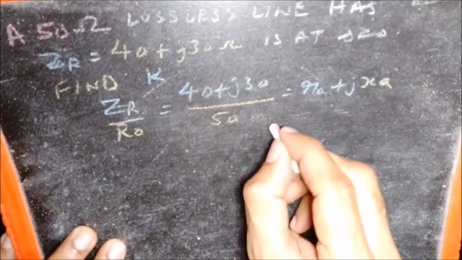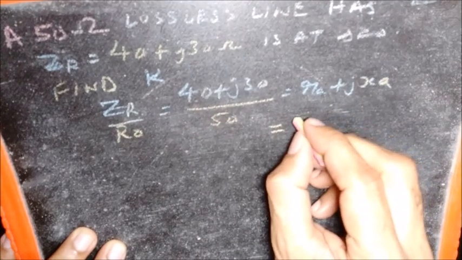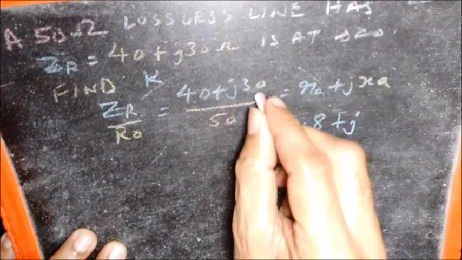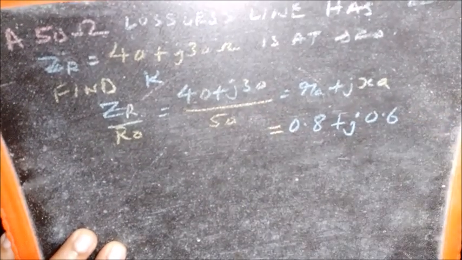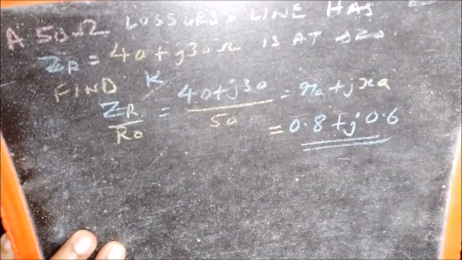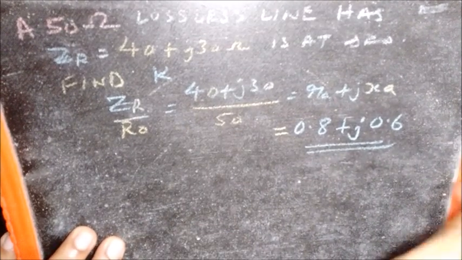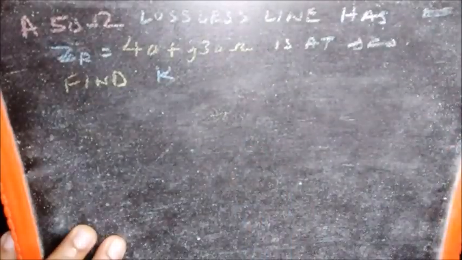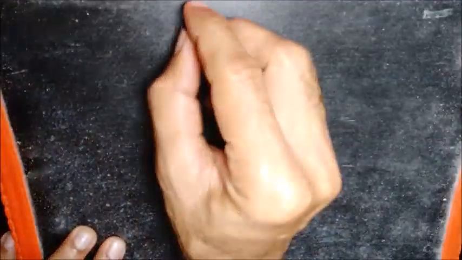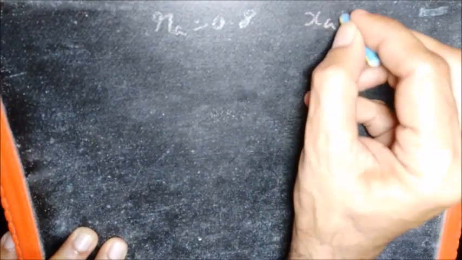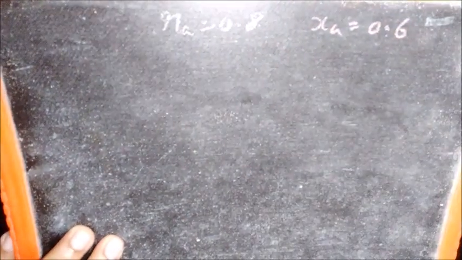So this will result in 40 by 50 is 0.8, plus j, 30 by 50 is 0.6. So this is the normalized load impedance. Now we note it down here. RA is 0.8, XA is 0.6.